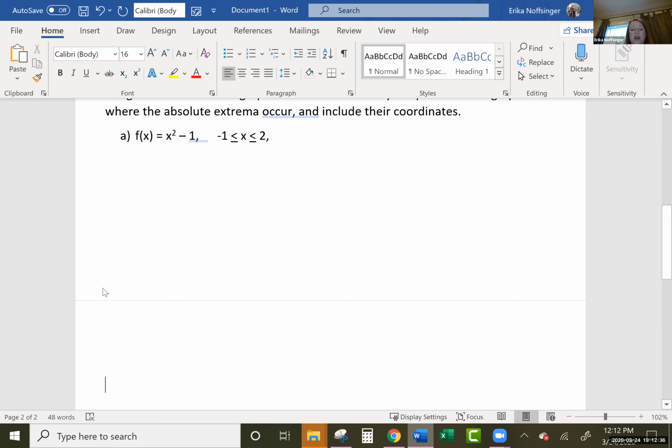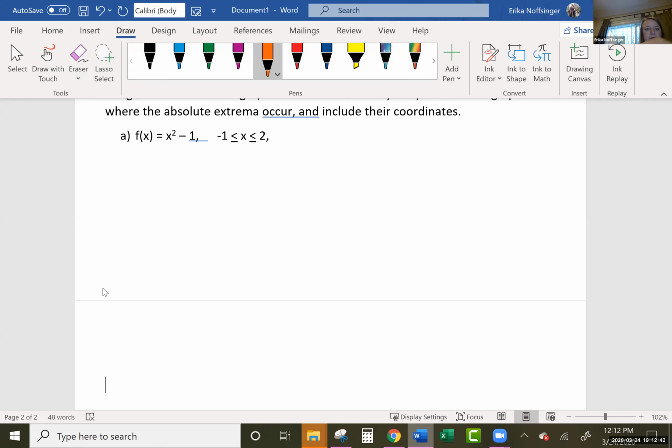Okay, we also know f of x equals x squared minus 1 is a continuous function everywhere because it's a polynomial. And so we want to figure out where our tangent line is equal to 0, or the slope of our curve is equal to 0.